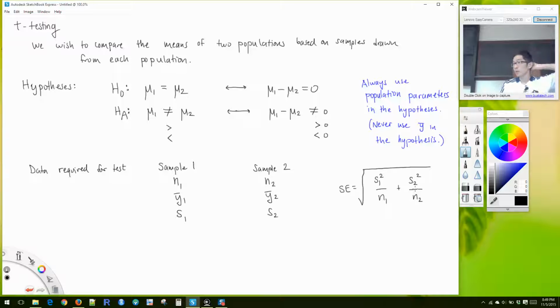Okay. And we calculate essentially what's a z-score, except we call it a test statistic. And a test statistic is almost always in the form of what we observed minus what's expected divided by a standard error.